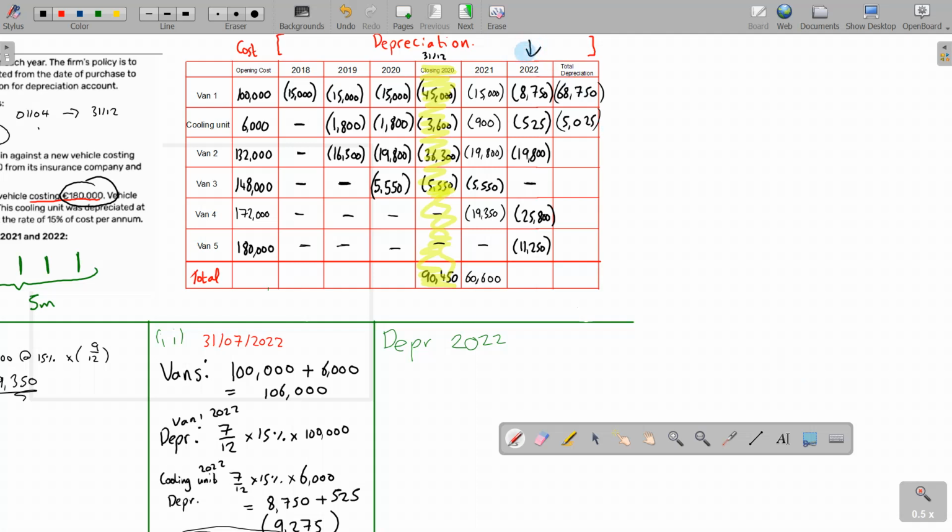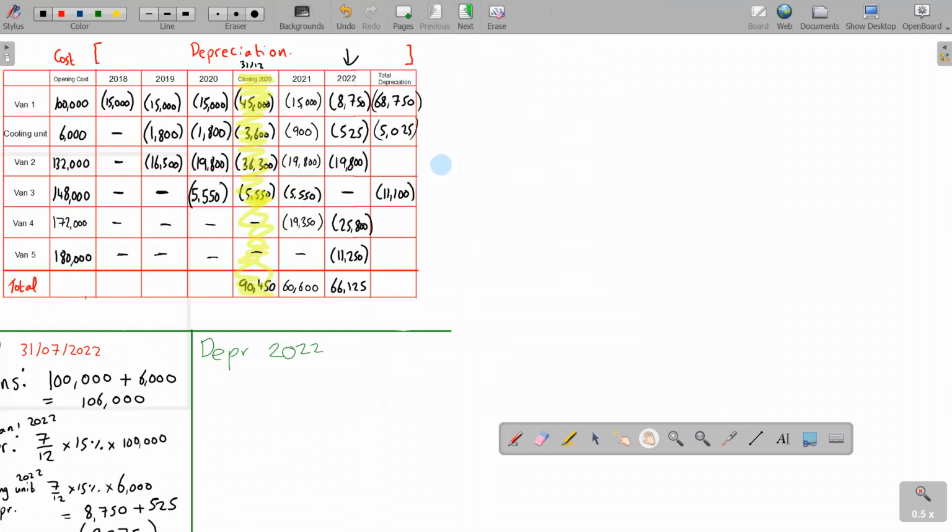So we add them up. 8,750 plus 525 plus 19,800 plus 25,800 plus 11,250. 66,125. Perfect. We said the total depreciation for, oh yeah, we already said this was 11,100.